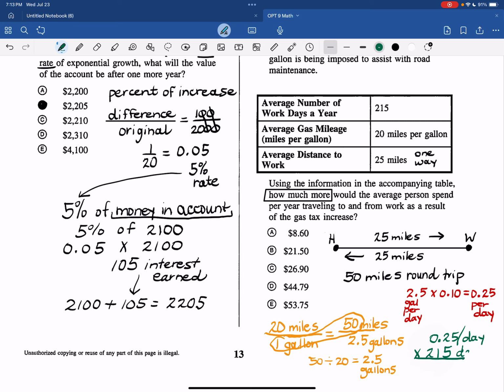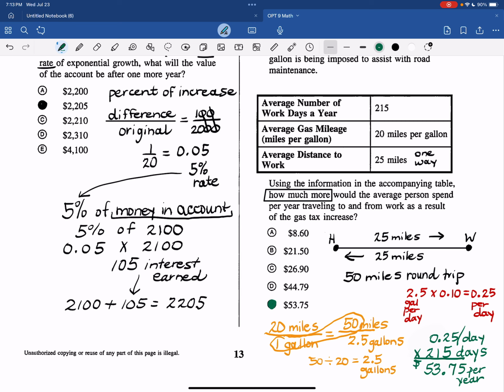Do it on the calculator. 25 cents, a quarter a day, is $53.75 per year that gas tax is going to cost. So I would go with E as in echo.